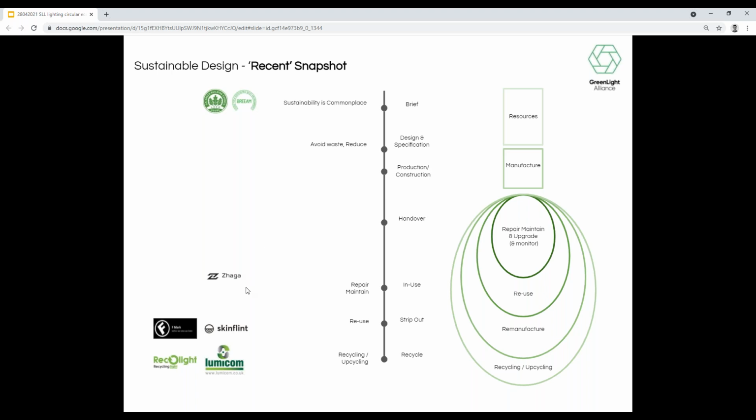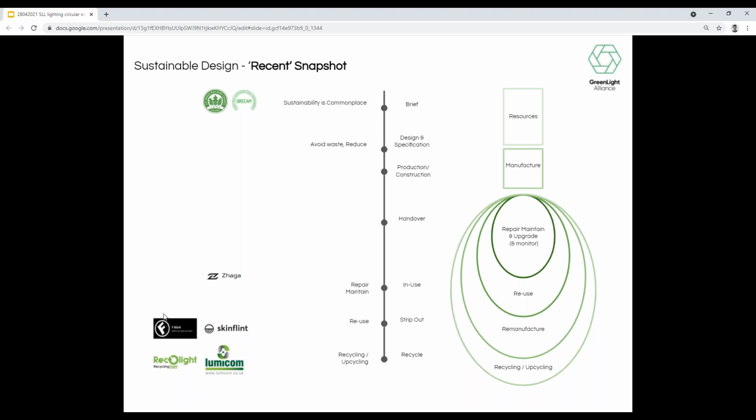We've got Zhaga here, which is a consortium, as a lot of people will be familiar with, and that avoids obsolescence and other circular principles through enabling upgradability of products using a common footprint of LED. And then we've got manufacturers and designers already on the market that are focused on integrating sustainable principles from the offset in their products, and they've always thought like that.